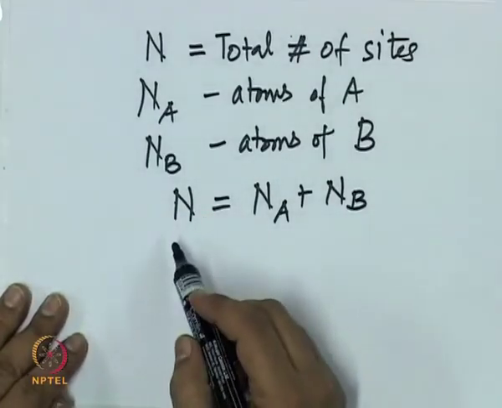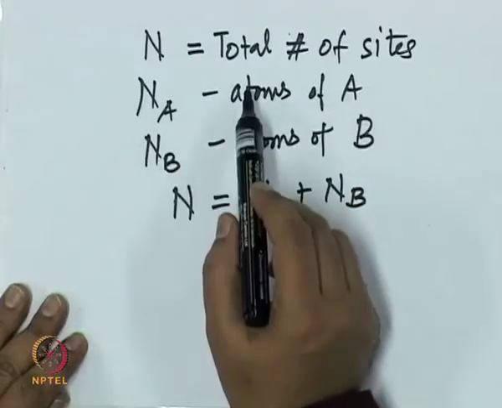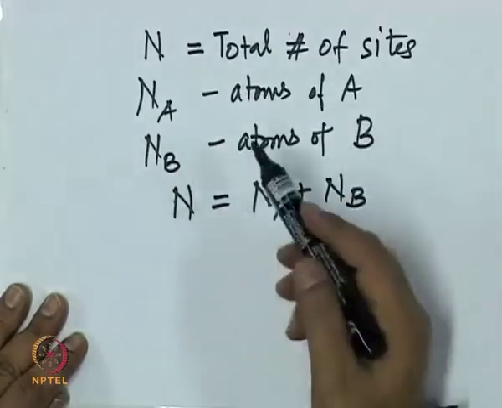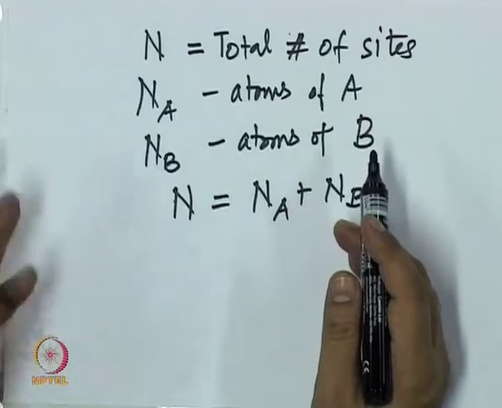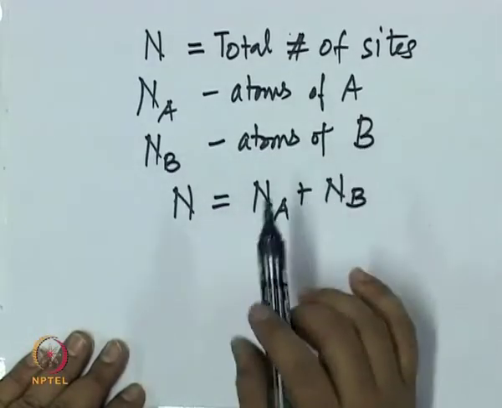Initially, the initial configurational entropy is 0, because I had only A atoms on Na sites. So, there is only one way, logarithm of 1 is 0. Similarly, the initial configurational entropy for all B atoms is also 0.